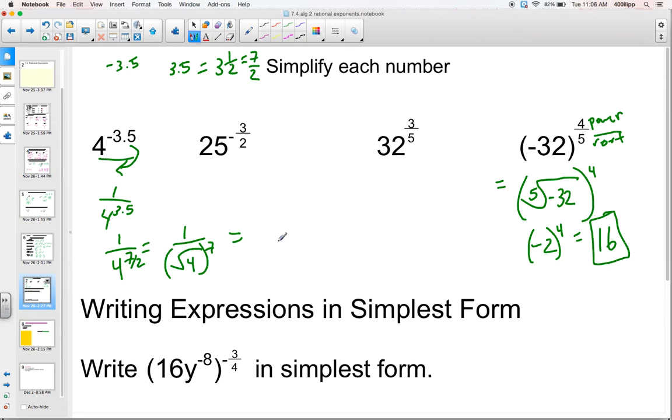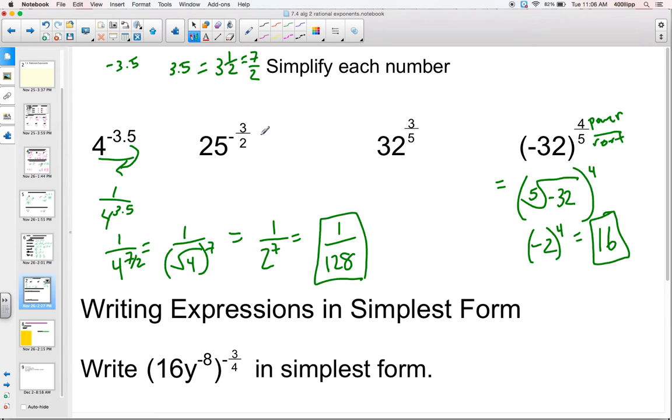So this will be 1 over the square root of 4 is a 2, and 2 to the 7th, well, we know that 2 to the 5th is 32, and then we multiply it 2 more times. So 32 times 2, 64, 64 times 2, 128. So this will be 1 over 128. That's this one here.